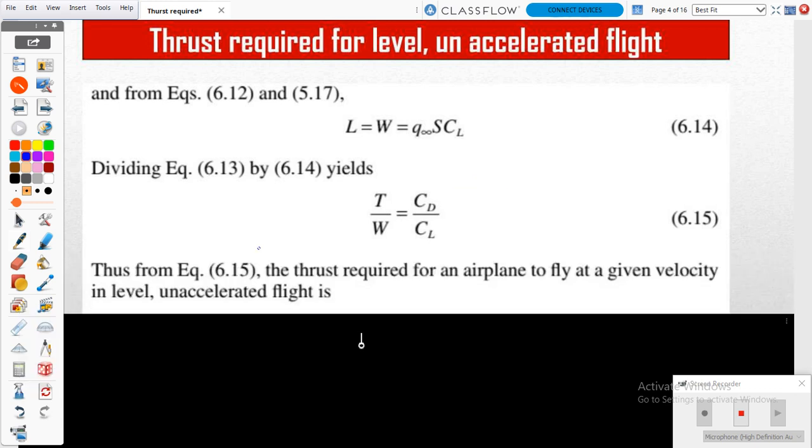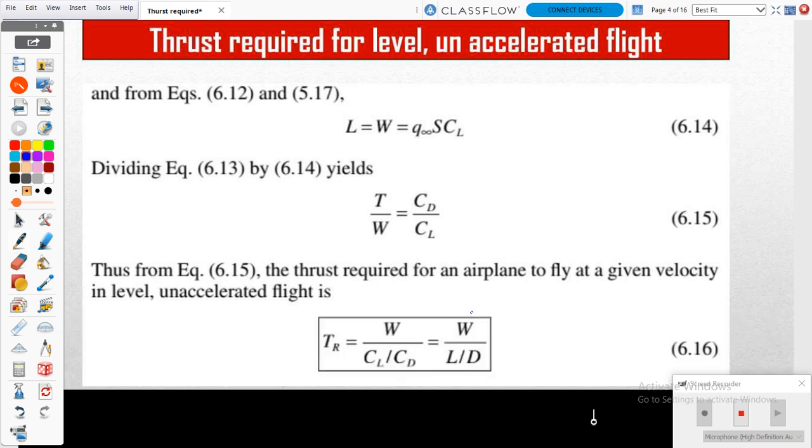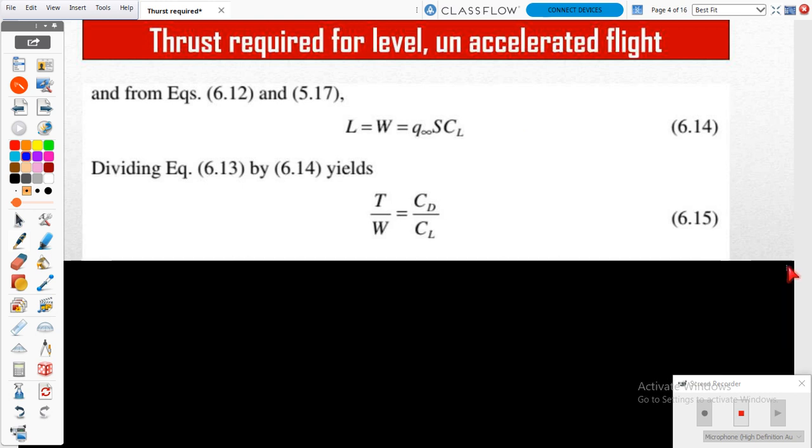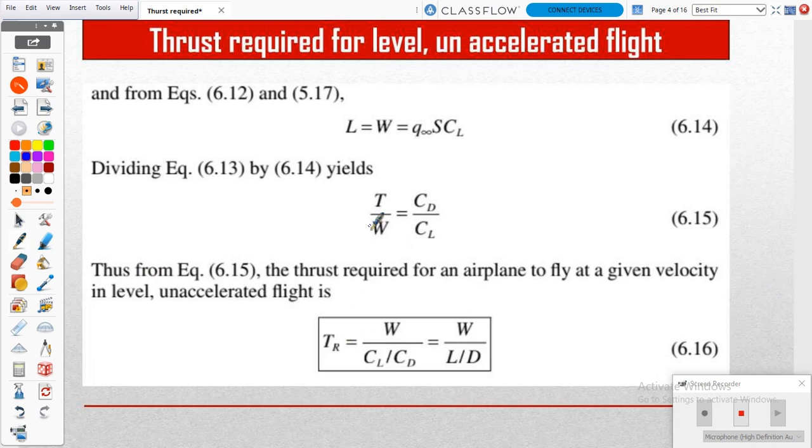So next step, for the previous conditions we have chosen for the thrust, we need to find out the thrust required for our aircraft at a particular velocity. So we are just going to rearrange this formula for T. So capital TR equal to W divided by CL divided by CD.